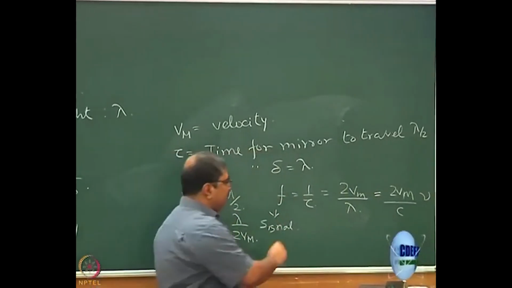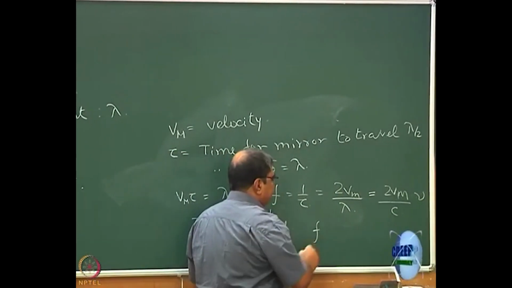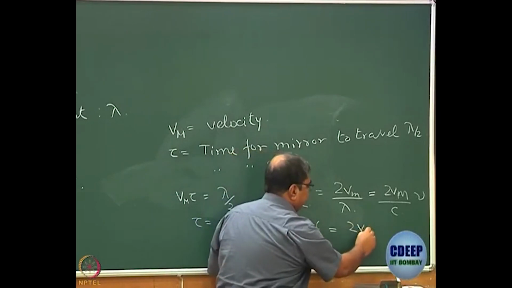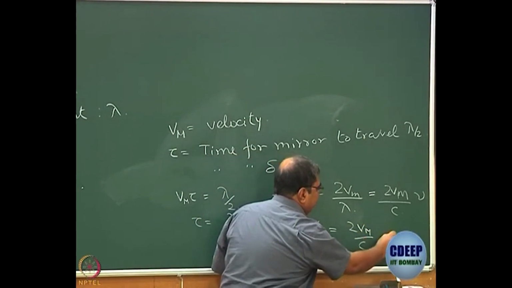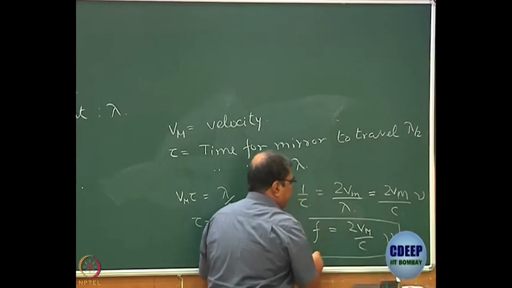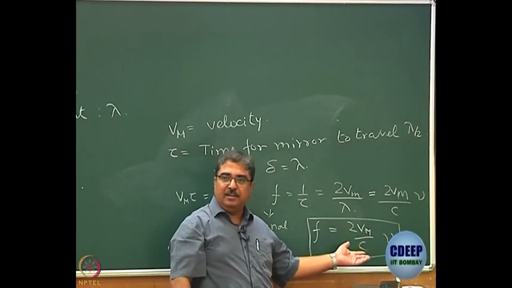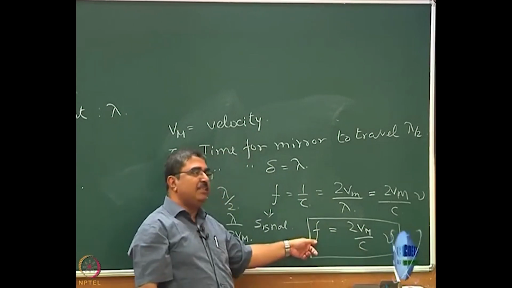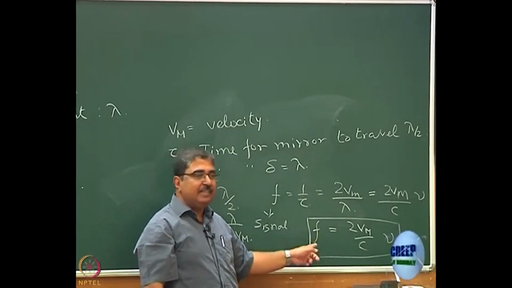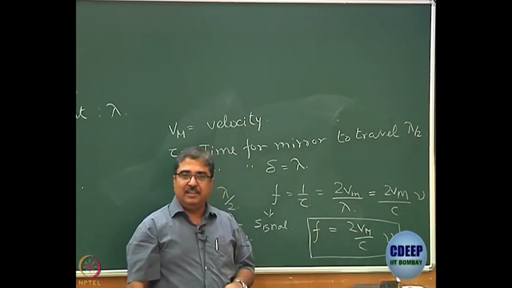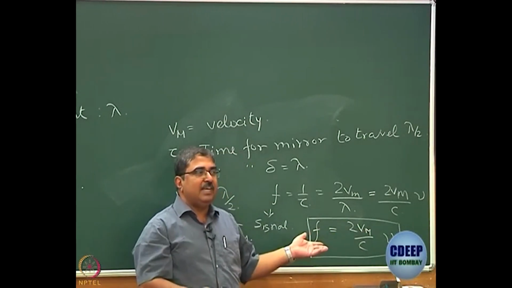So, here right away we have this relationship between frequency of the signal and frequency of light. What was our problem? The frequency of light was too high for us to measure, but now we are going to measure the frequency of signal, not frequency of light, that is related to frequency of light by a factor of 2 Vm divided by C. And I hope you can see the advantage right away.